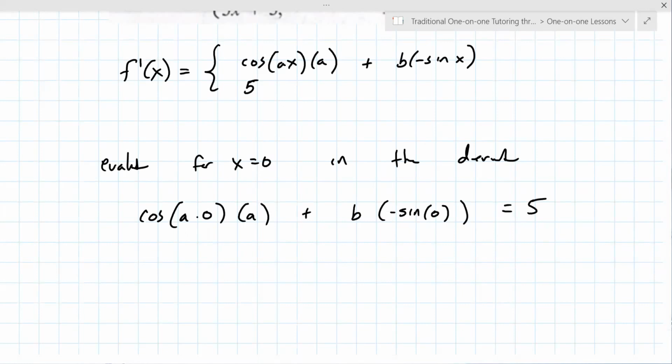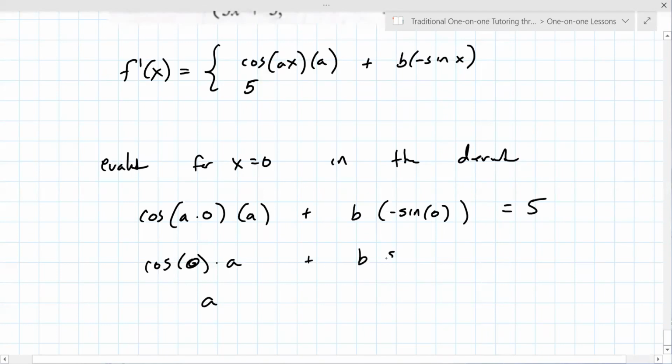Is it just cosine of a, right? Cosine of 0 is 1. But then you also have the a. Yeah, so this becomes a. This is b sine of 0, which is 0. So this goes away. So a equals 5.